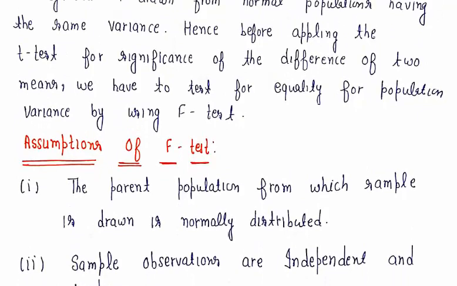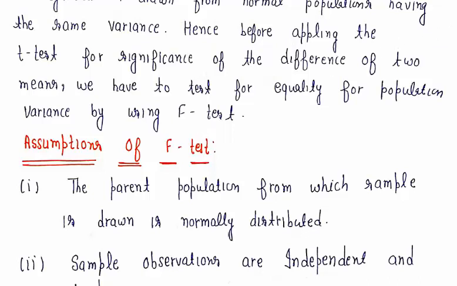Hence, before applying the t-test for the significance of two means, we have to test the equality of population variances by using an F test. If the question does not state that population variances are equal, then before applying the t-test we have to apply the F test to check the equality of population variances.